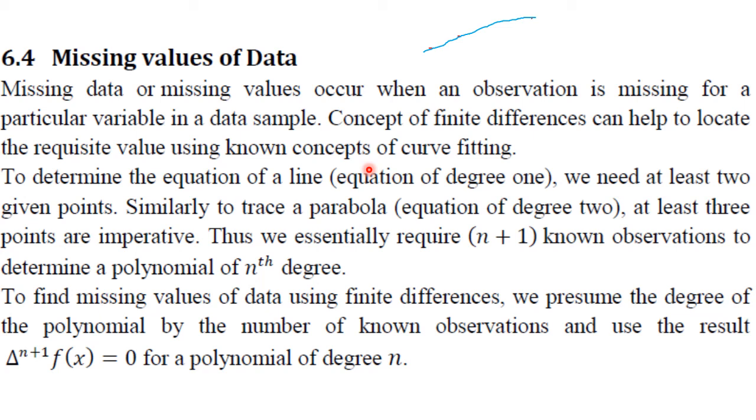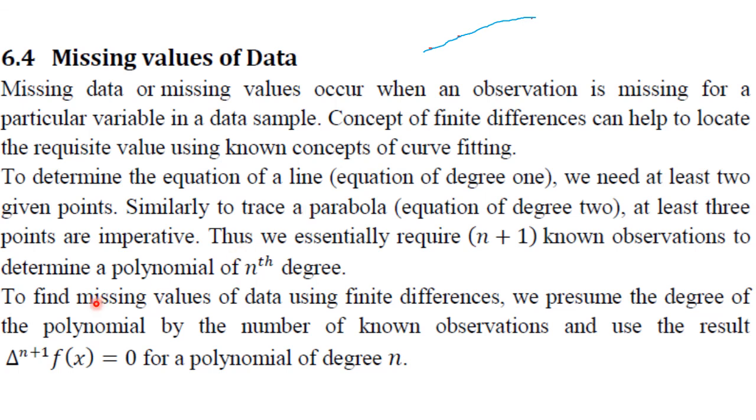If you want the equation of an nth degree polynomial, you need n plus 1 points, so one value extra is needed. Like in the previous slide, the degree was third, and you need at least 4 points to make this curve. So students, this is important: the fourth derivative would definitely be 0.